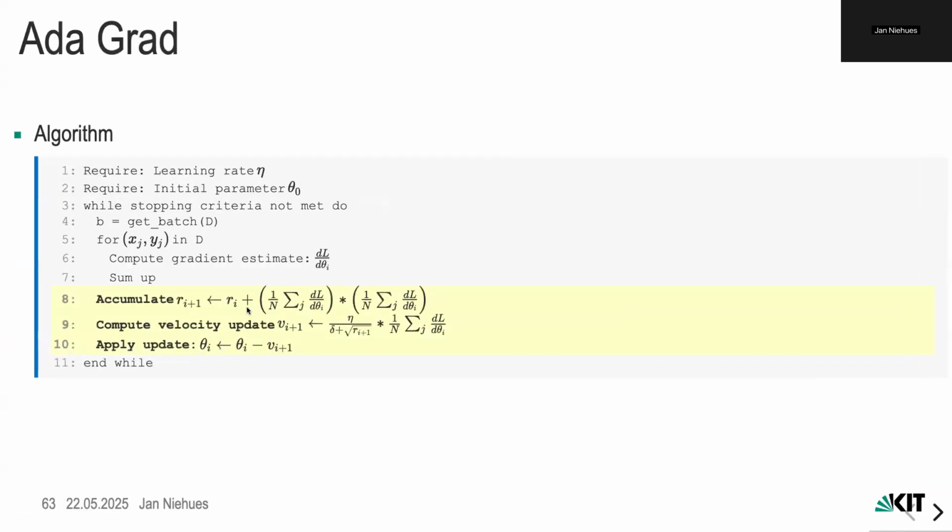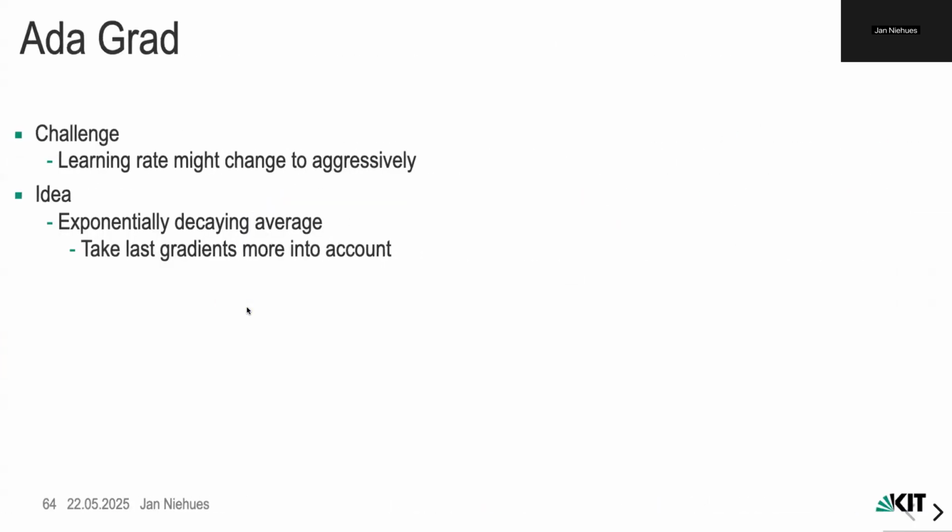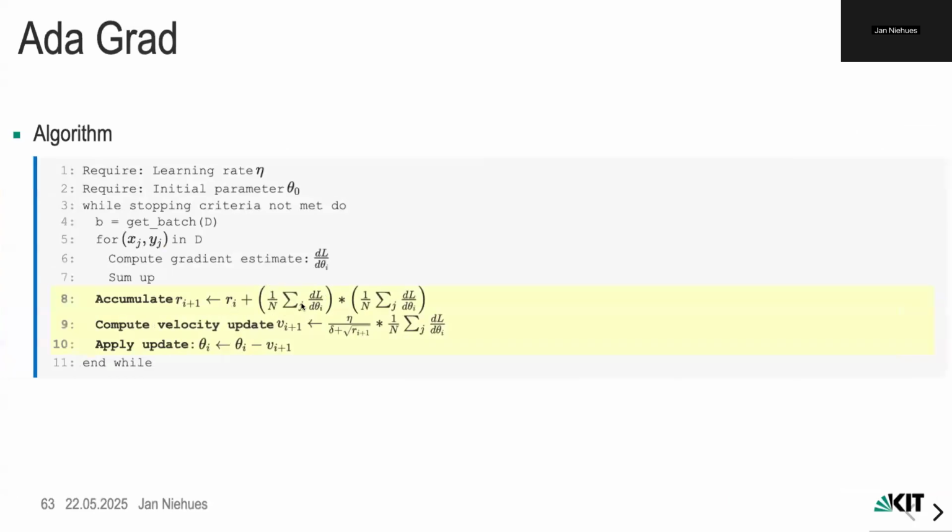I did the one more. So here now you're taking all the averages all the time, the same one. So one that might be better is doing an exponential decay. In this one before, you're taking the average over all examples, and maybe you want to take the last ones more into account. And that's what you're doing now in RMSprop. So here the first one is as important because it's just the sum over all the examples.